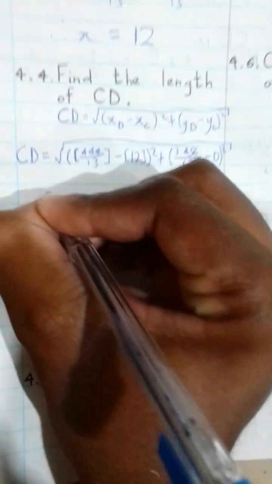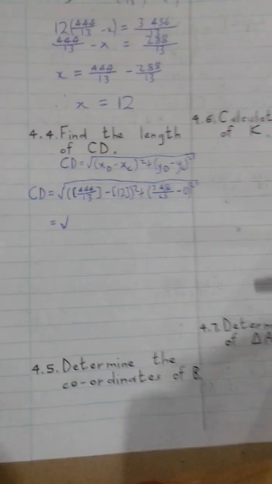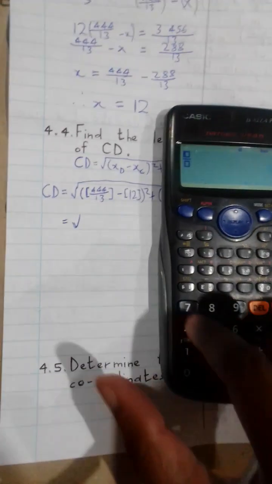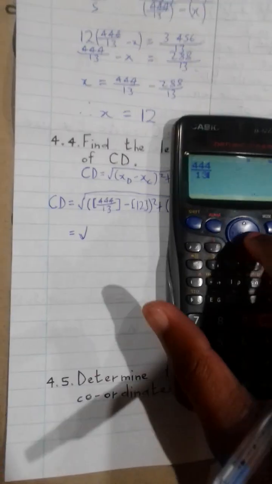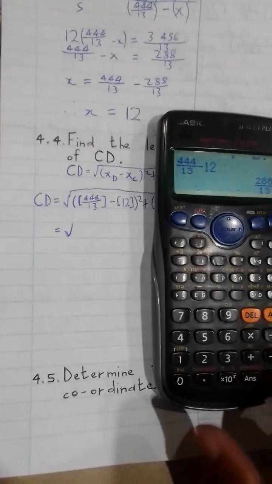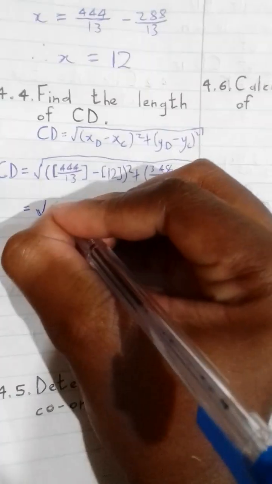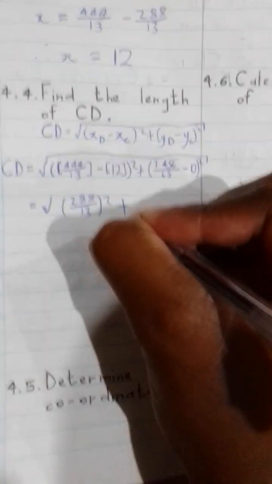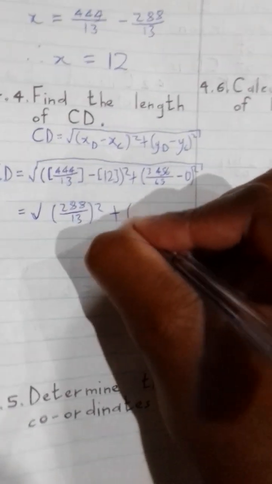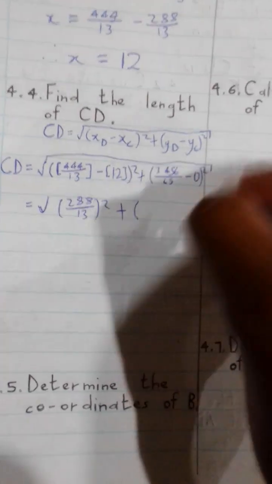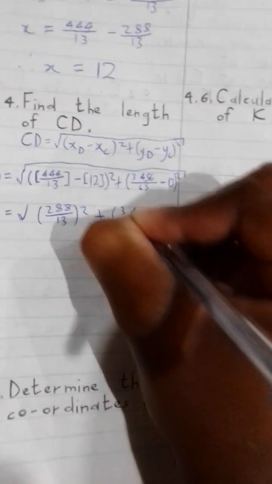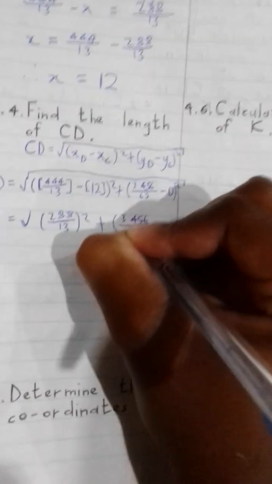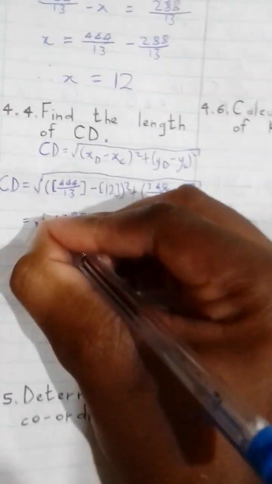So, for clarity's sake, 444 over 13 minus 12 is 28 over 13, squared, plus 3456 over 65 minus 0, 3456 over 65, squared.